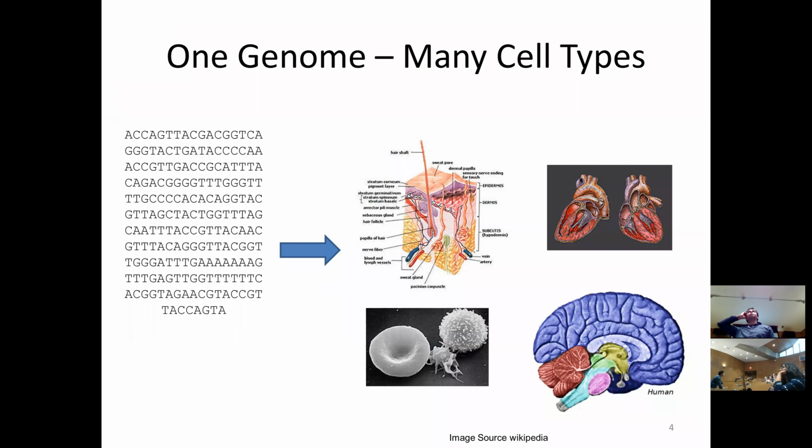So the epigenome is largely credited with the ability of our genome to result in many different cell types. We have a single fixed genome, which is nearly identical in the vast majority of our cells. And yet we end up with this huge diversity of cell types. If you look at skin, there's this huge complexity of interactions between all these different types of cells, each of which is performing a distinct function.